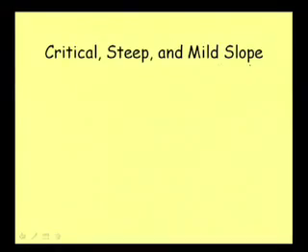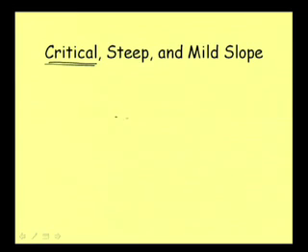Then we need to discuss another topic, what we call critical slope, steep slope and mild slope. Let me just explain what we mean by critical slope, then these things come up automatically.